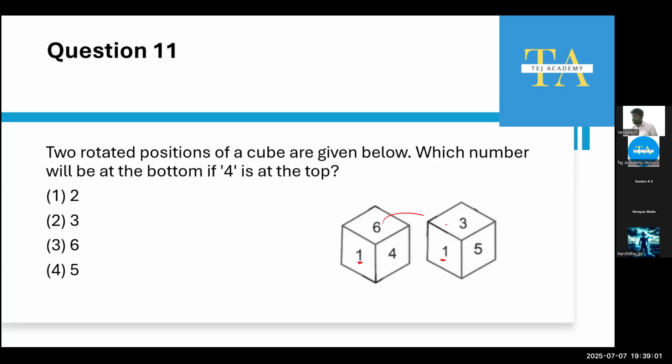Then 6, 3 and 3, 6. When the dice is flipped or rotated, 3 comes to 6, 6 comes to 3. Then 4 at the top, we get only one number, that is 5. Option 4 is the correct answer.